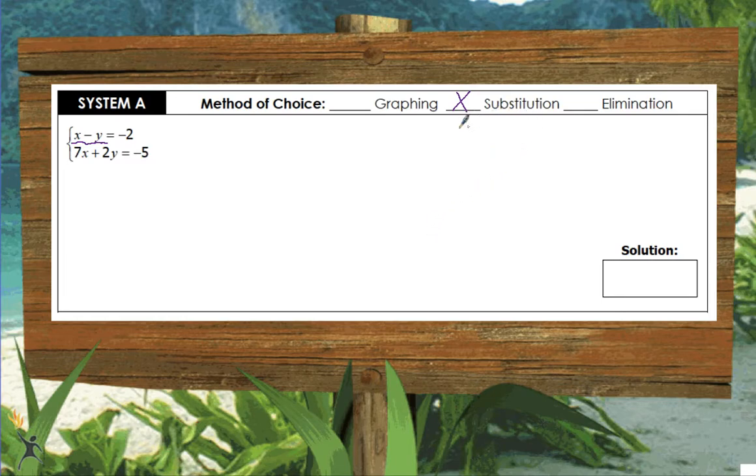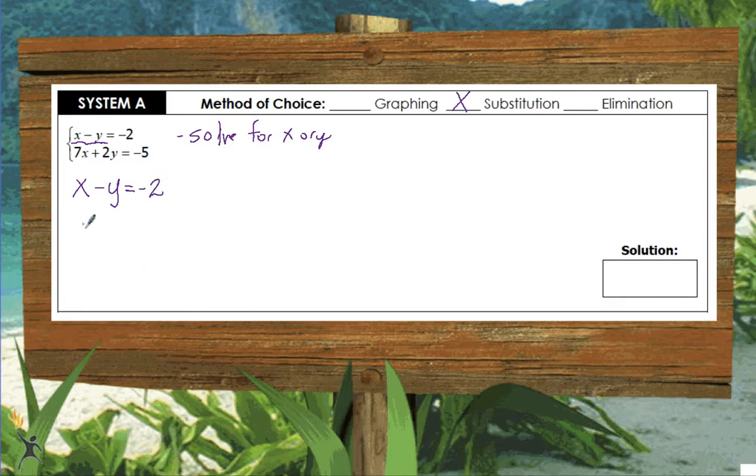If we were to solve this by substitution, the first thing I have to do is solve for x or y. I'm going to solve my top equation for x. So x minus y equals -2.